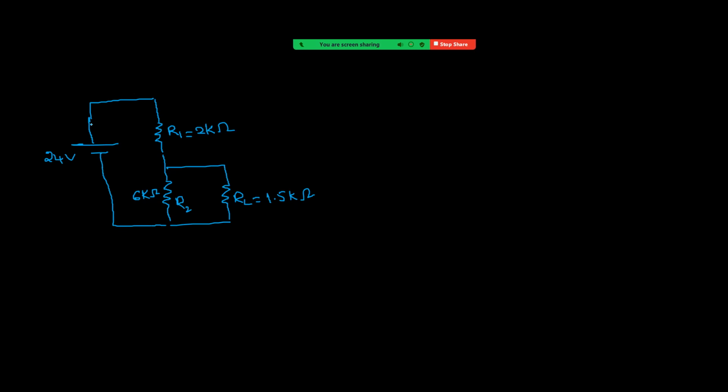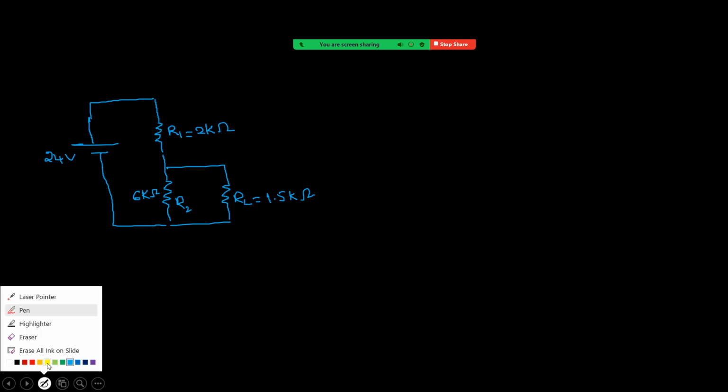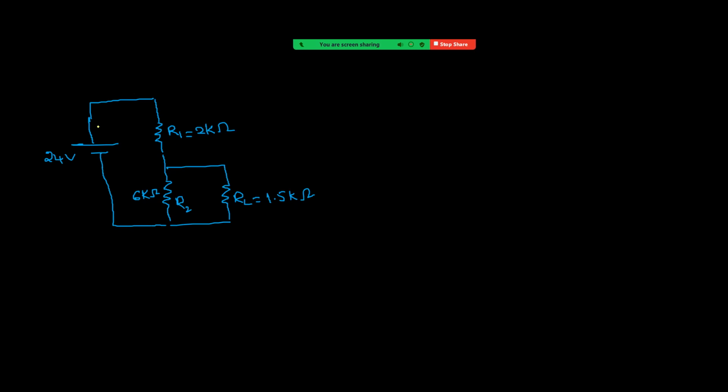First, we have to find what is the current I value. The effective resistance: 6 and 1.5 are parallel. It becomes 6 into 1.5 by 6 plus 1.5, 7.5. 9 by 7.5, that is 1.2 kilo ohm.